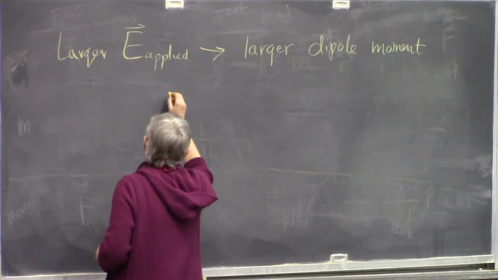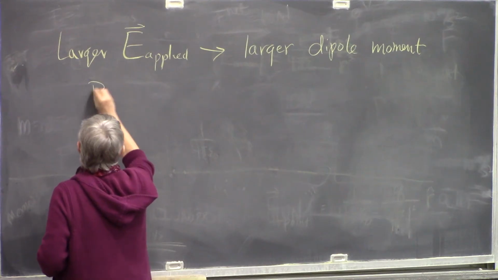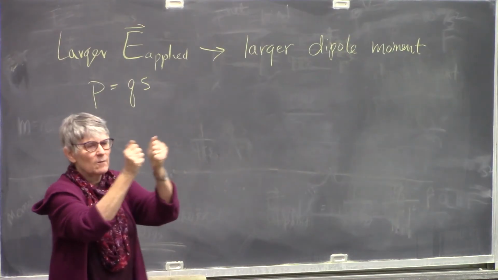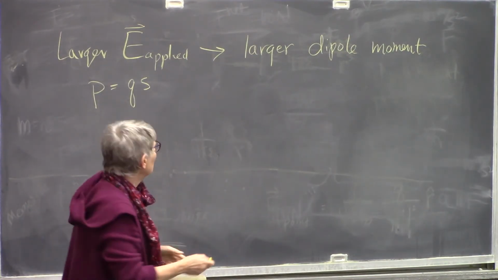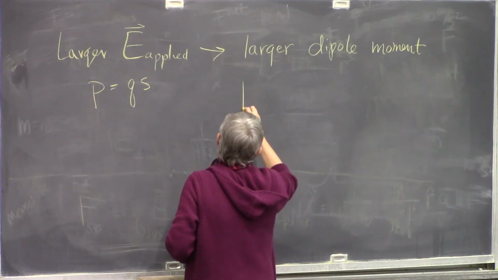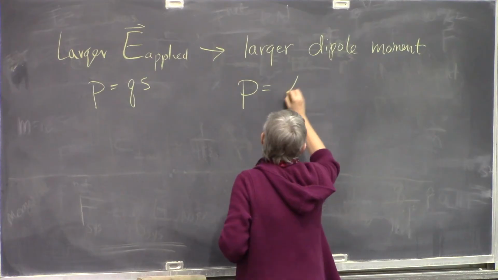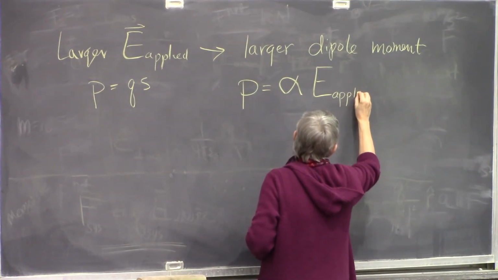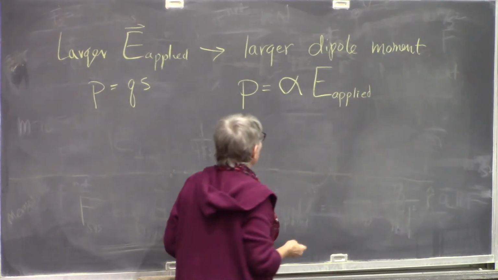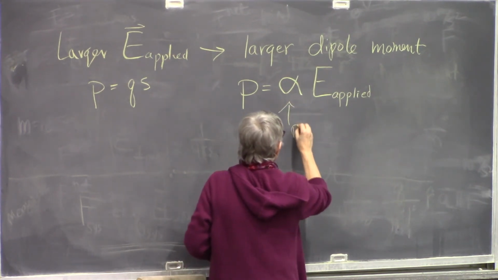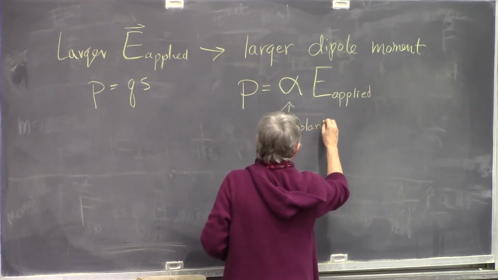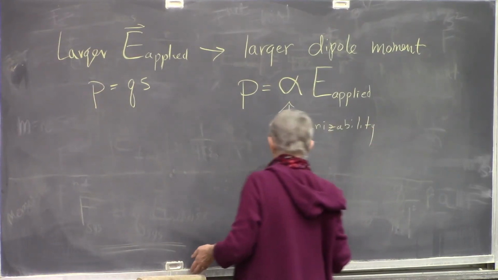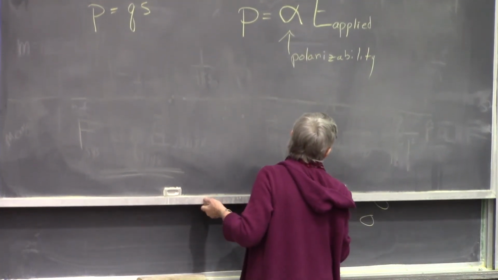So, in fact, remember that the dipole moment is the product of the amount of charge times the separation. We can say P is a proportionality constant alpha times the magnitude of the applied field. This is called the polarizability of the atom.